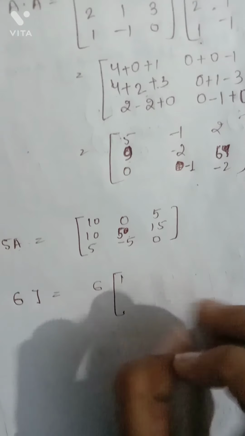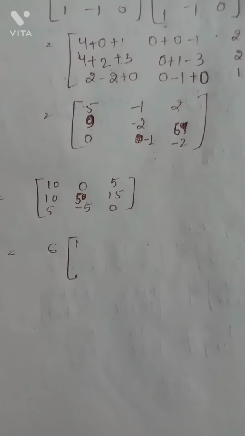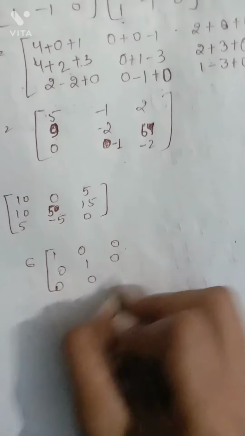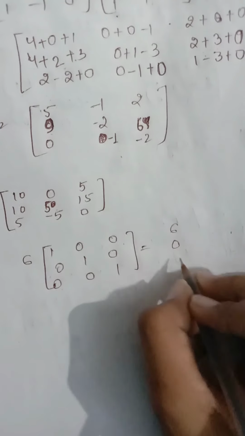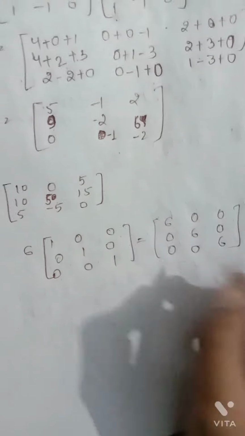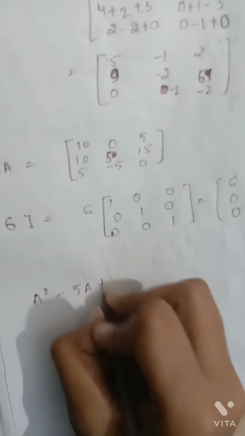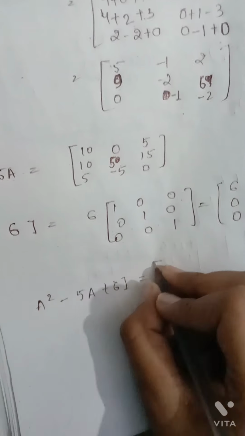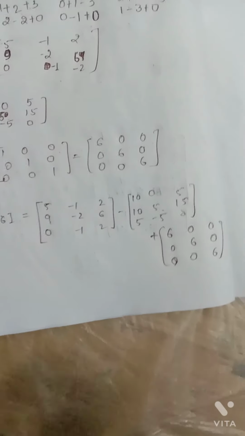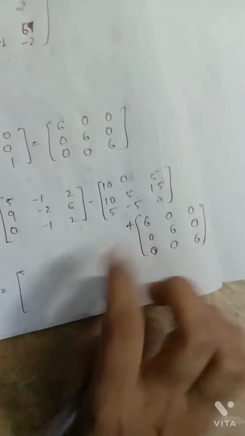For a matrix of order 3 cross 3, the identity matrix is 1 0 0, 0 1 0, and 0 0 1, which gives 6 0 0, 0 6 0, and 0 0 6. So if we solve the given equation, we will get 5, minus 5, and 6 is 1.